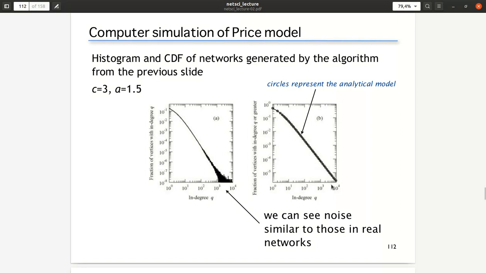And on this figure we can see that the circles are representing the analytical model, and the straight line, which is completely covered by the circles, is the numerical model. So basically the two are overlapping each other. So one can generate very nice and very good power law degree distribution networks in numerical simulations using this wonderful procedure.